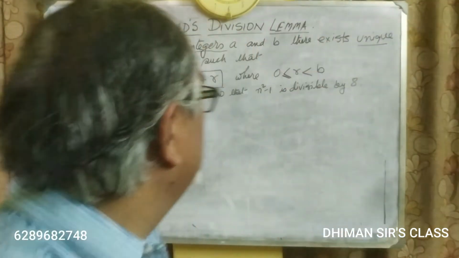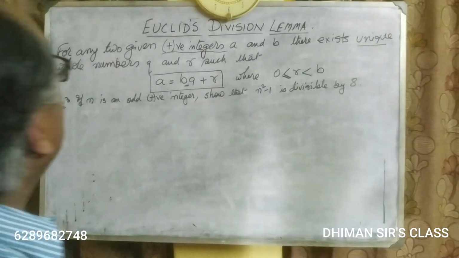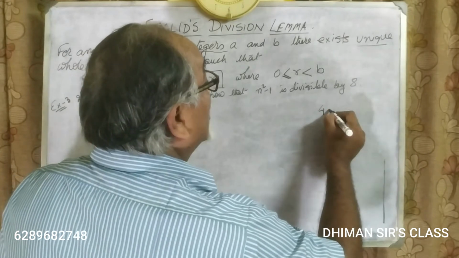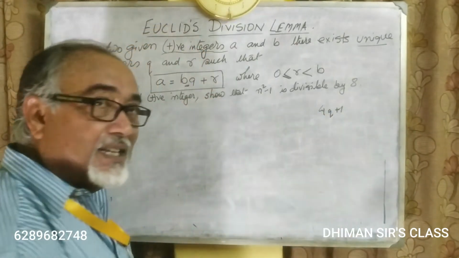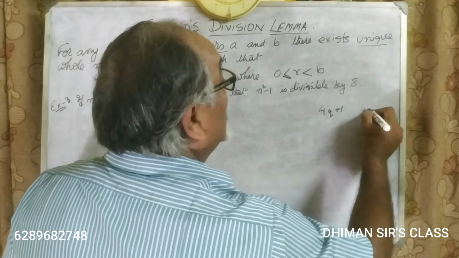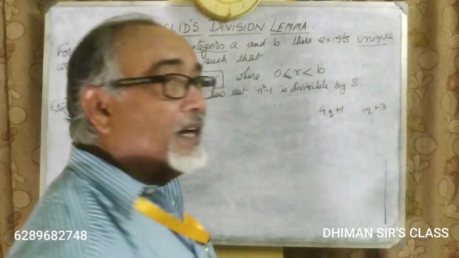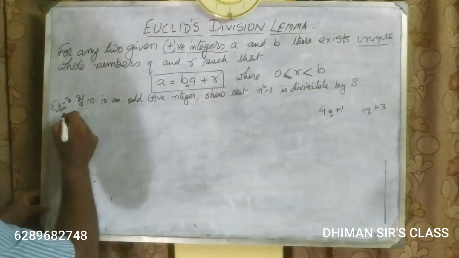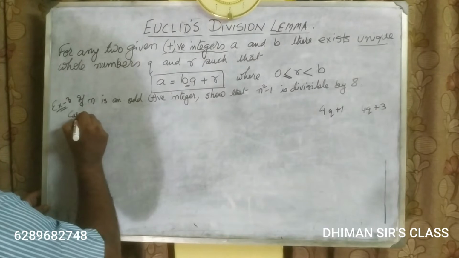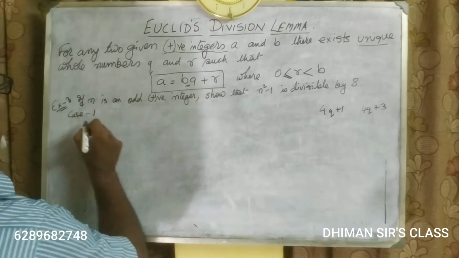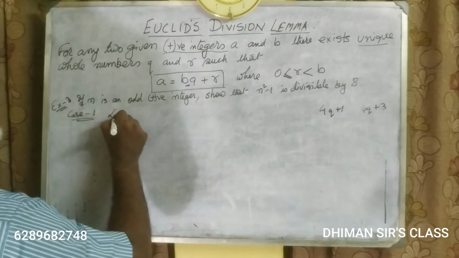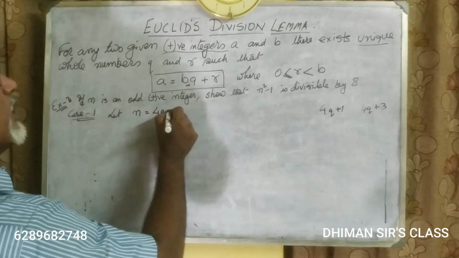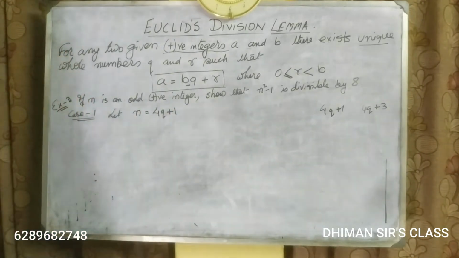So you students, see, here we are having two cases, but in the previous example we learned that 4q plus 1 is an odd integer and 4q plus 3 is also an odd integer. We have already learned this. So let us take case 1, where let n is equal to 4q plus 1.